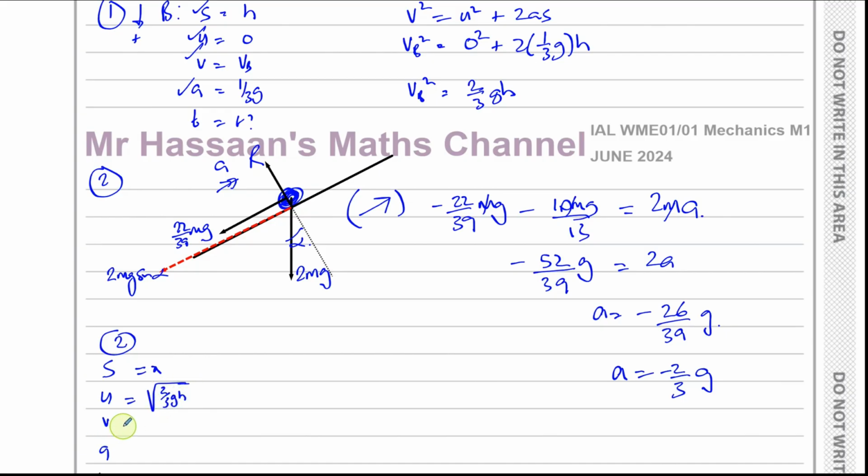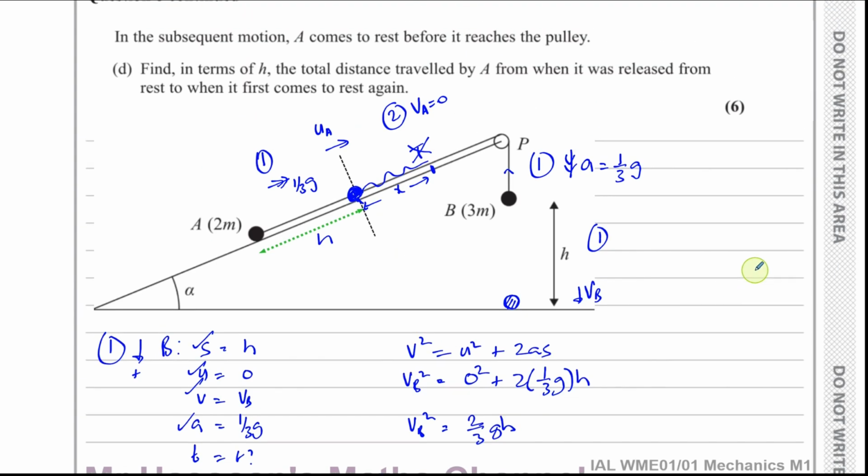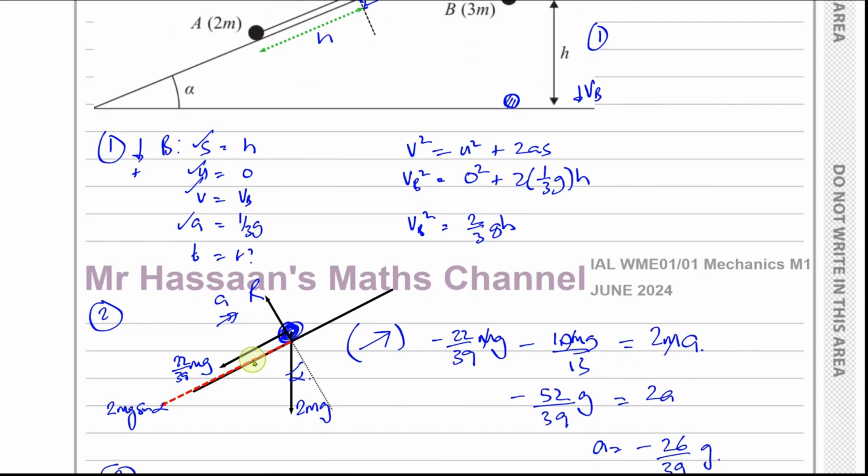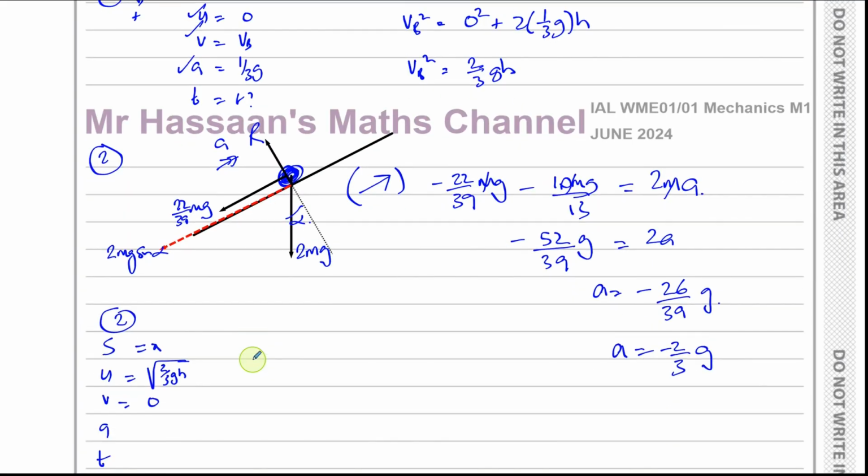And V is going to be 0 because we want to find the distance it moves until it comes to rest. It comes to rest when the final velocity is 0. The acceleration, as we just worked out, is negative 2/3 g, because we're taking up the plane as positive, and t we don't know.